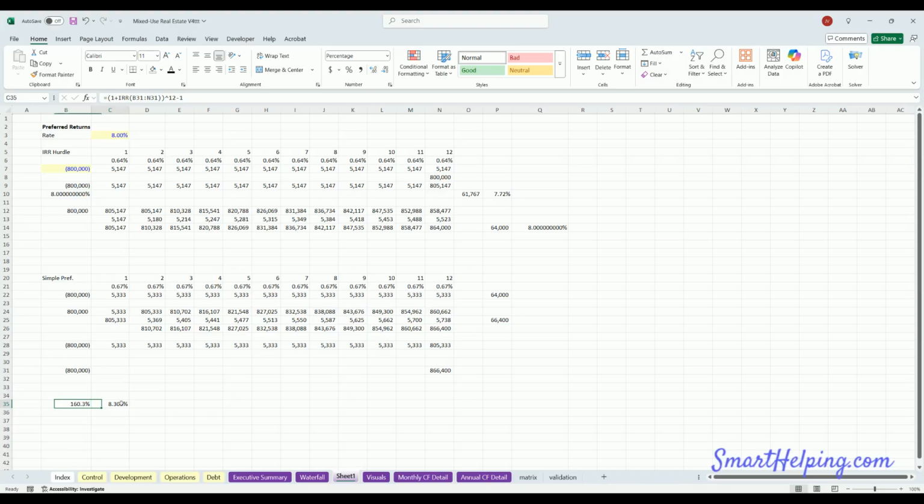Now let me make sure I did the math right there. So 12 periods, you're not getting anything. And then at the end of the 12th period, you're getting this lump sum, which is this compounded amount, which was all of these. 866.4, that. Why does that seem so high? 1 plus the rate raised to 12 minus 1.